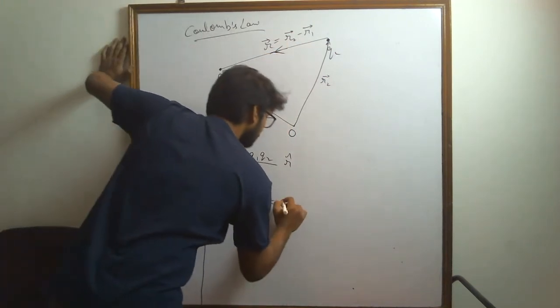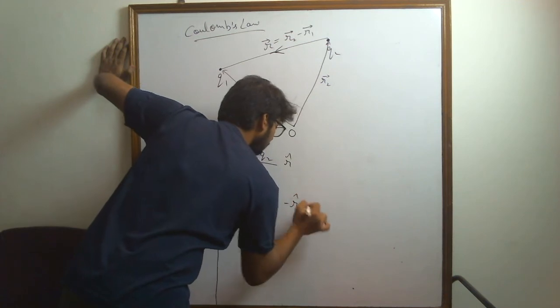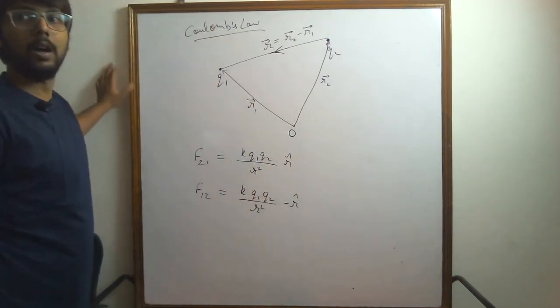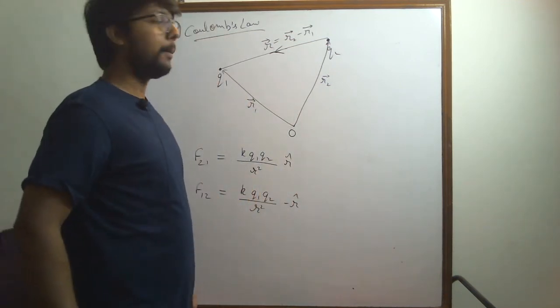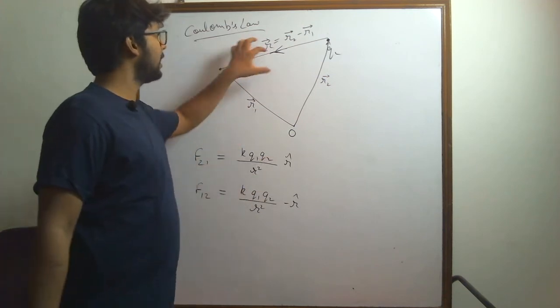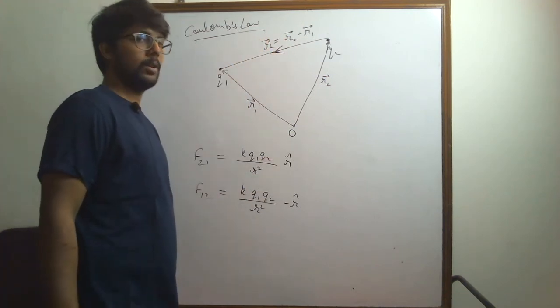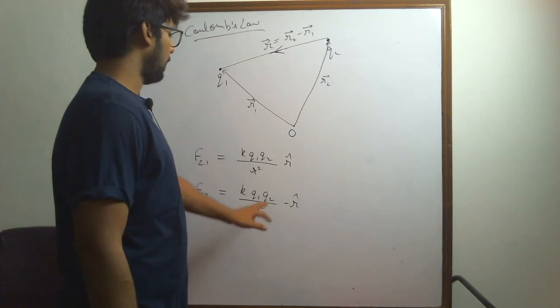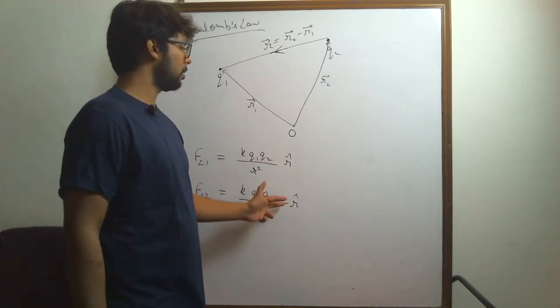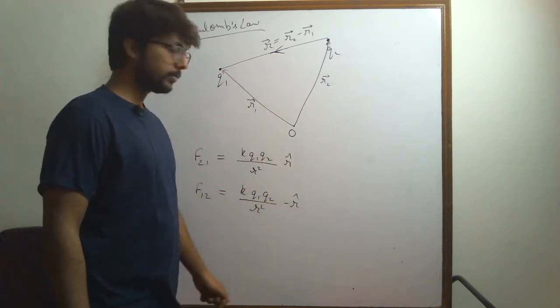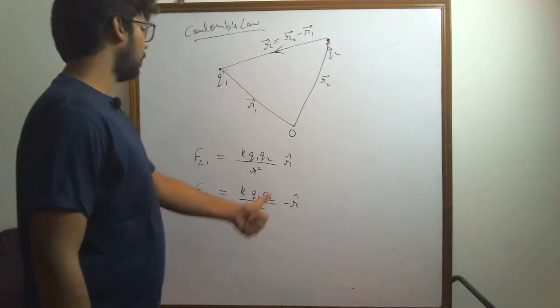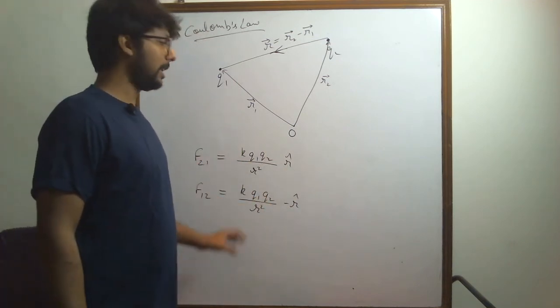Because the direction will be opposite, I will have to write minus R cap, because in this case the R cap will be in this direction, right? So I am writing minus R cap in comparison to this, not over here. So this is how I will get the force.